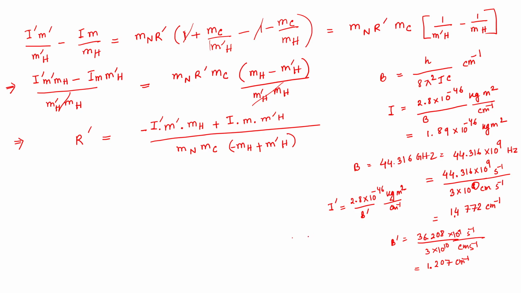So I dash is, centimeter into centimeter, that will go on, and I'm getting 2.32 into 10 to the power minus 46 kg meter square.